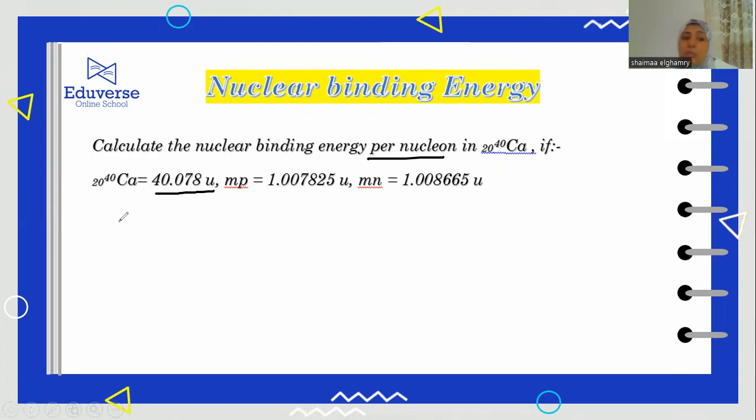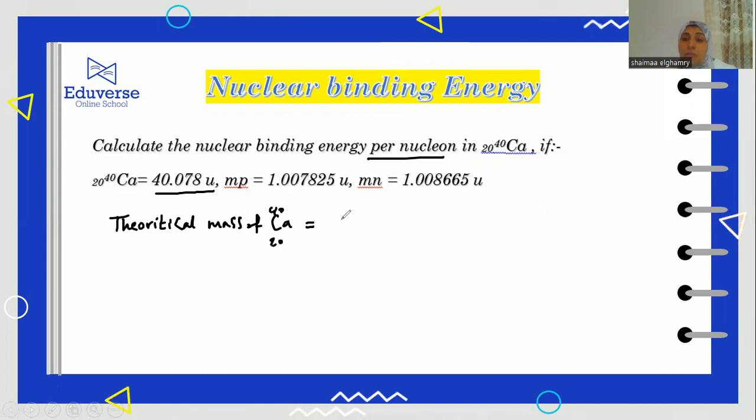So we are going to calculate the theoretical mass of calcium-40. It equals what?